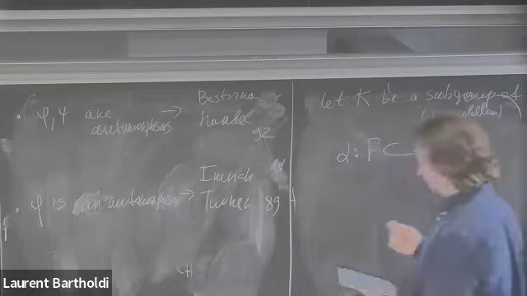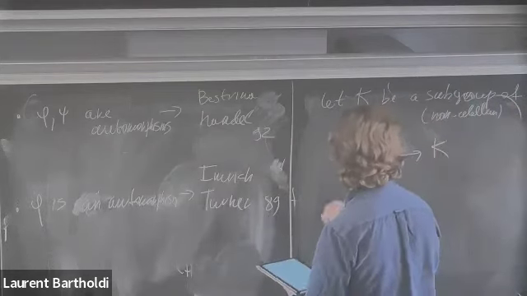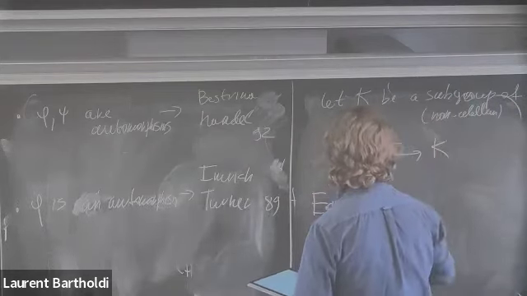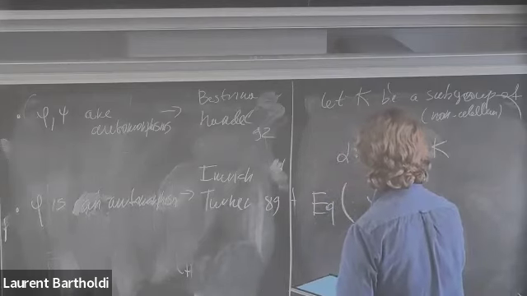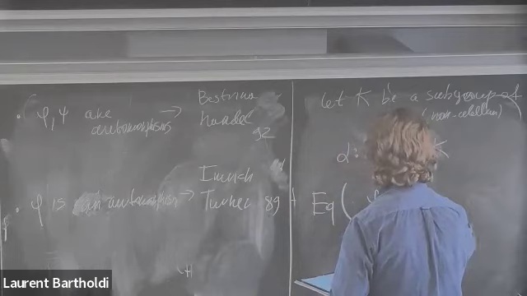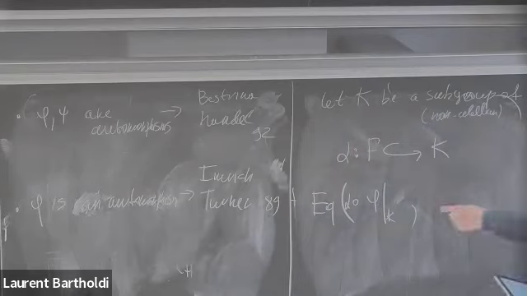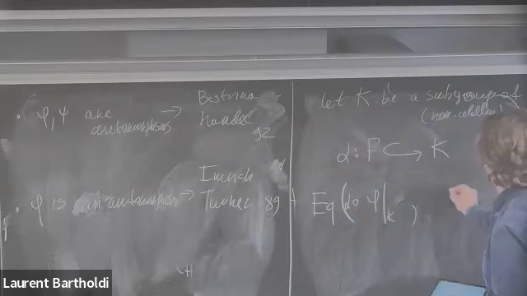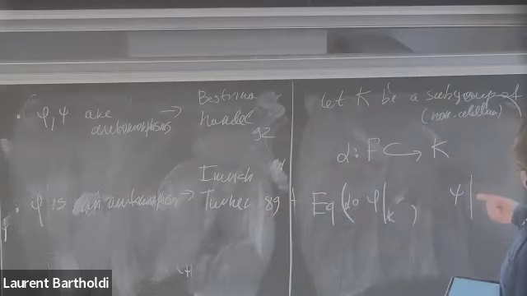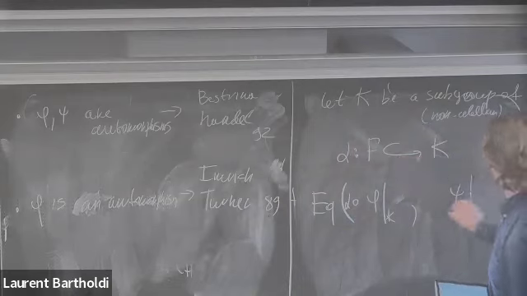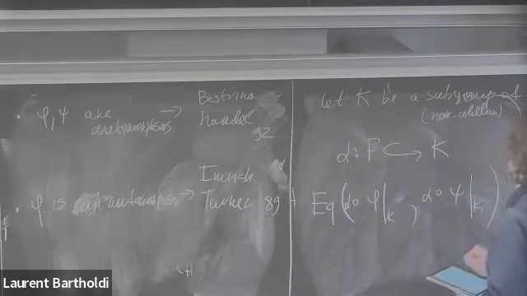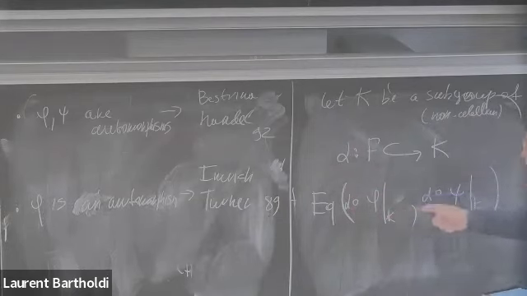Now we can consider the equalizer of the following compositions. We start with the restriction of phi on K, and then apply alpha. And then we apply the restriction. And the second one is to start with the restriction of psi and apply the same. So in doing this, we obtain two endomorphisms of K.